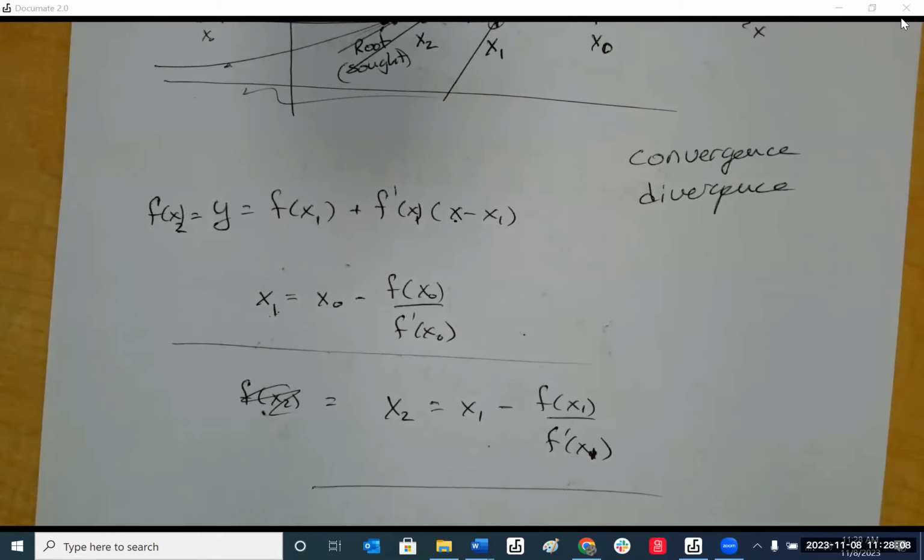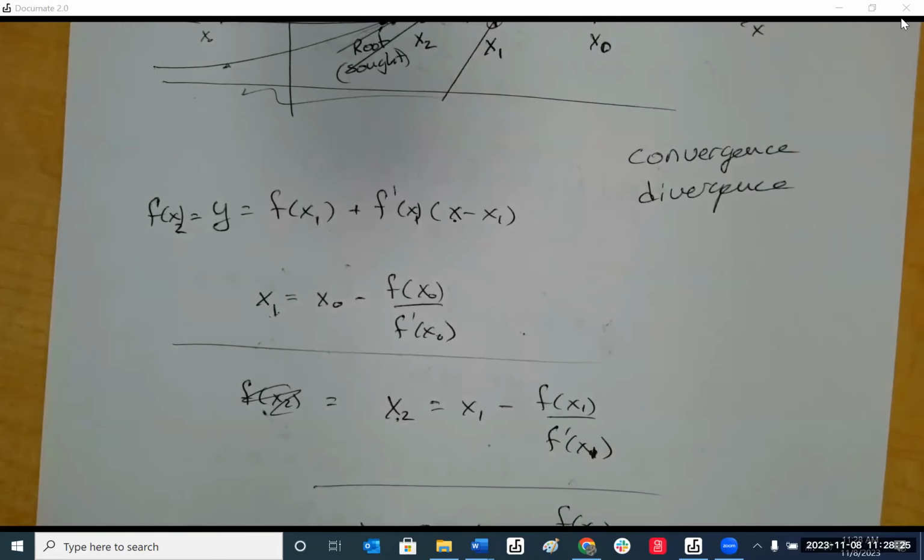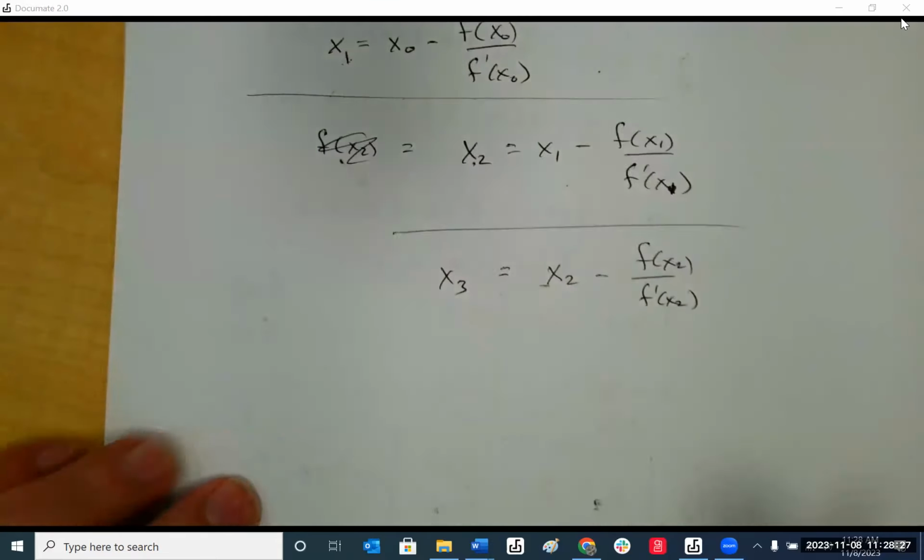So now this x2 will go into this side. That's my initial guess. I put it inside the functions, and that's going to give me x3.